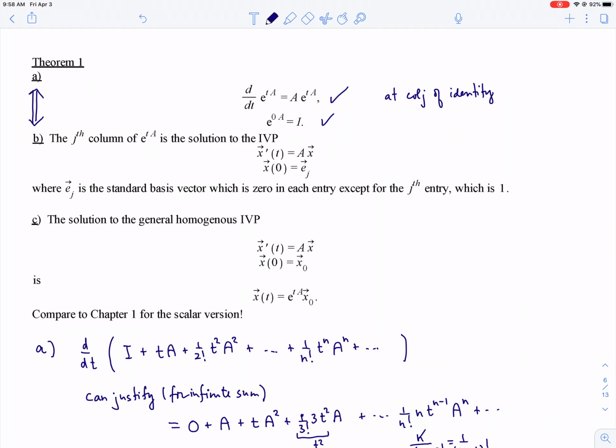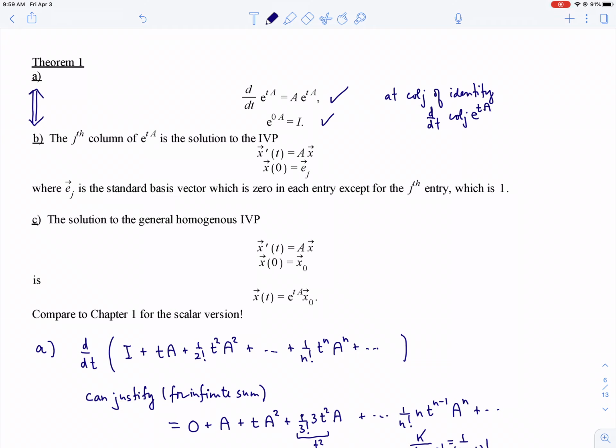We take the derivative term by term, so the derivative of the matrix we can take column by column. We would get that the derivative of the jth column of e to the tA, so that's the jth column on the left.